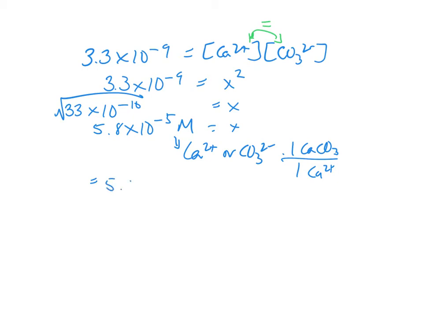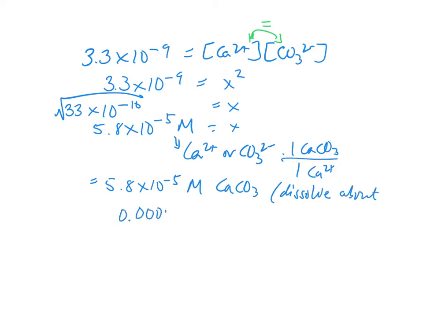It is actually the exact same value for calcium carbonate. In other words, you can dissolve about 0.000058 moles of calcium carbonate in 1 liter before it stops dissolving. So very, very little.